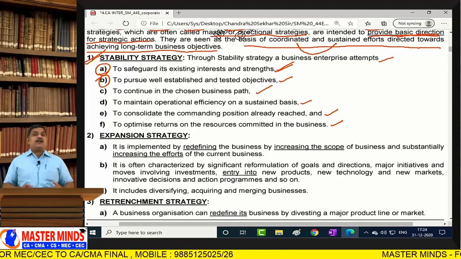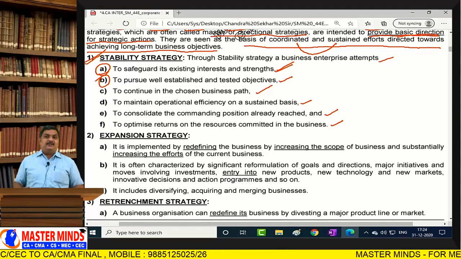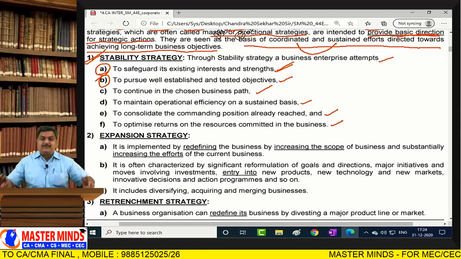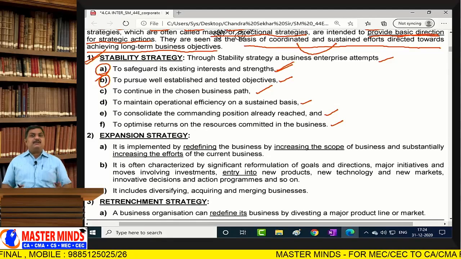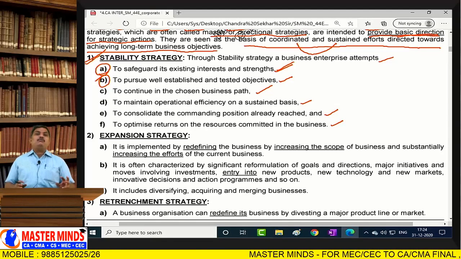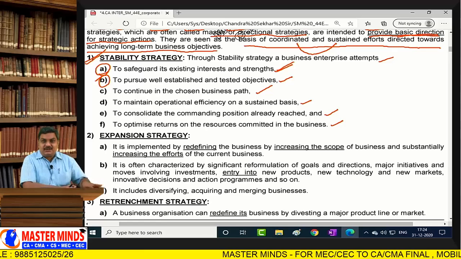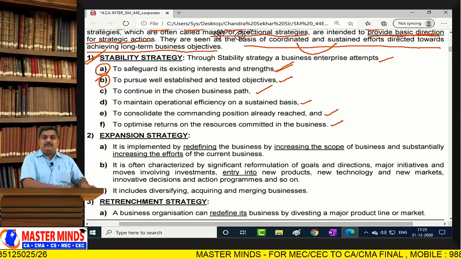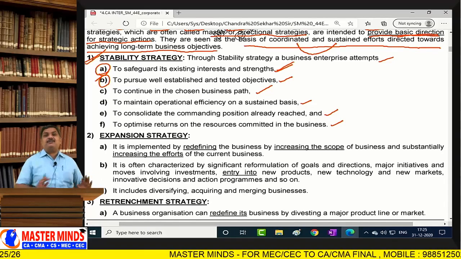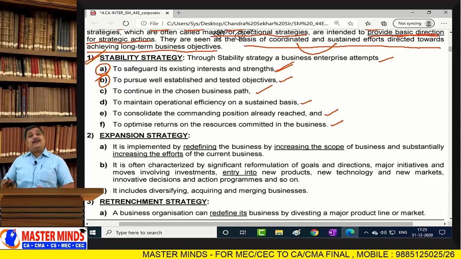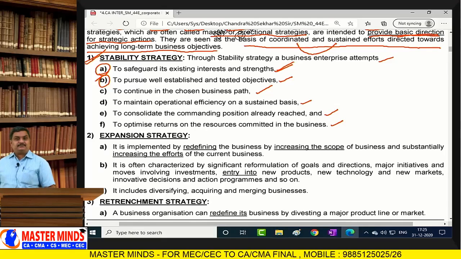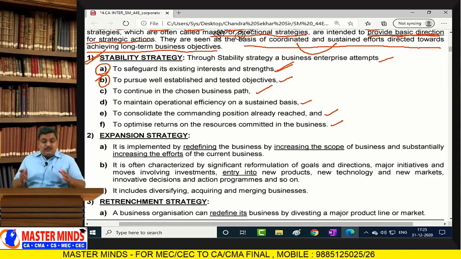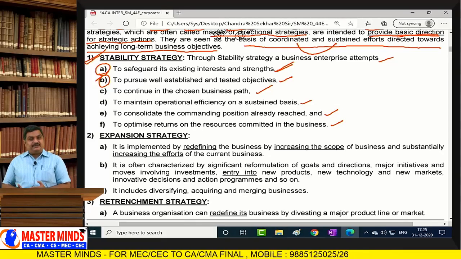But in stability strategy, we will not do that. We will be working in the existing markets, dealing with the existing products. That means for stability strategy, we will follow things like market penetration, product development, market development. We will not do an entirely new set of things which are very risky. Okay, so we will pursue well-established and tested objectives.